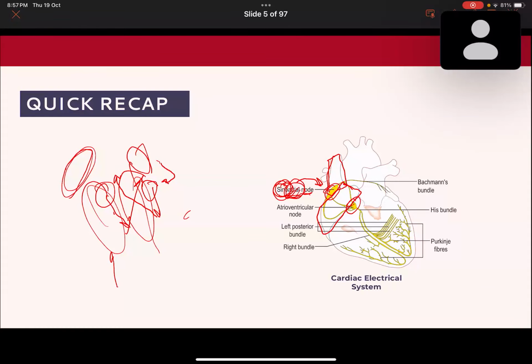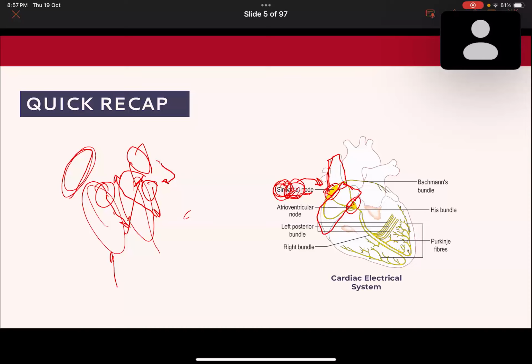And the answer to this is that when the atria contract, we need the ventricles to be relaxed to receive this blood. If all four chambers are contracting at the same time, then the blood has nowhere to go but outside into the pulmonary veins, into the superior vena cava, etc. So I hope this makes sense to you guys.